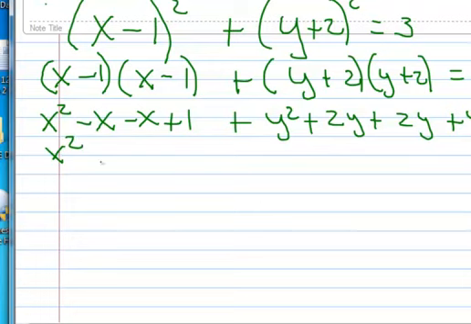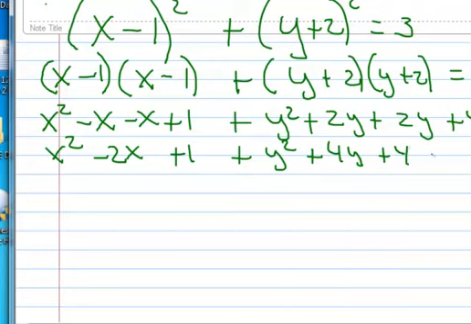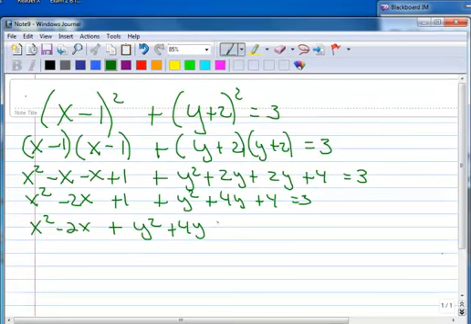Minus x minus another x, well, that's minus 2 x's. 2y plus 2y, that's a total of 4y. And so now I've got this plus 1 and plus 4, so let's go ahead and combine those. So 1 plus 4 is 5.